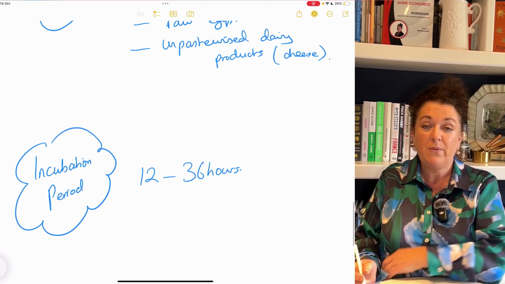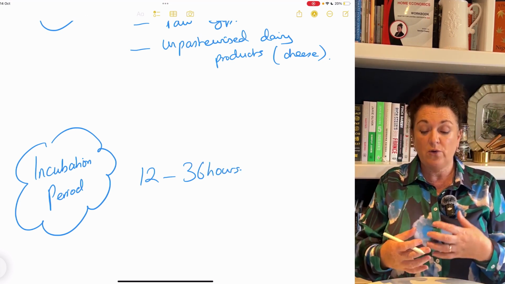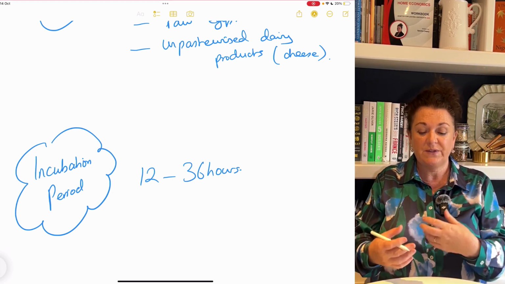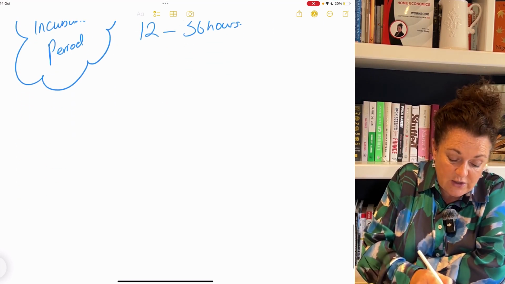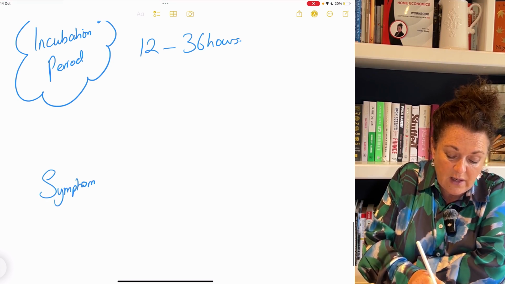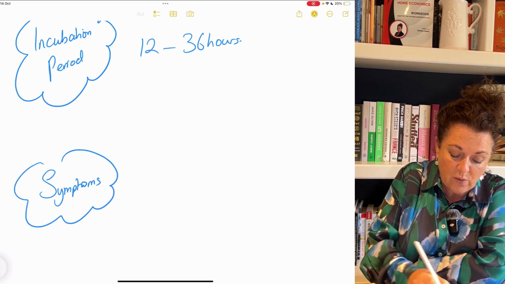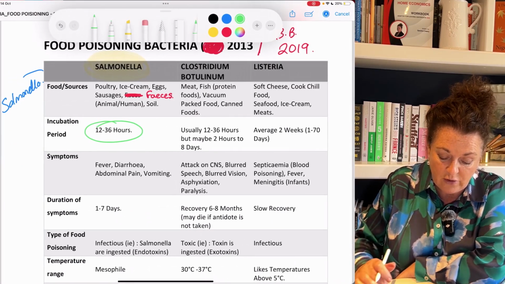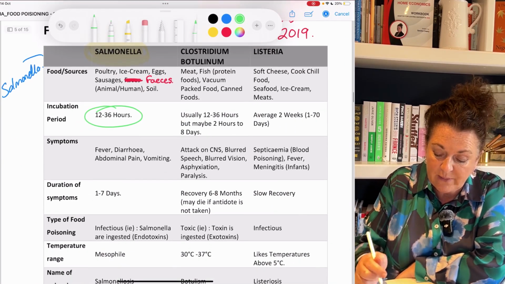So the minimum time, it'll take at least 12 hours is what we're saying, from the time you ingest the live Salmonella to the symptoms. And I should actually say, apologies there, the symptoms then would need to be learned. So even if you took 4 symptoms, which we also have here in our chapter.